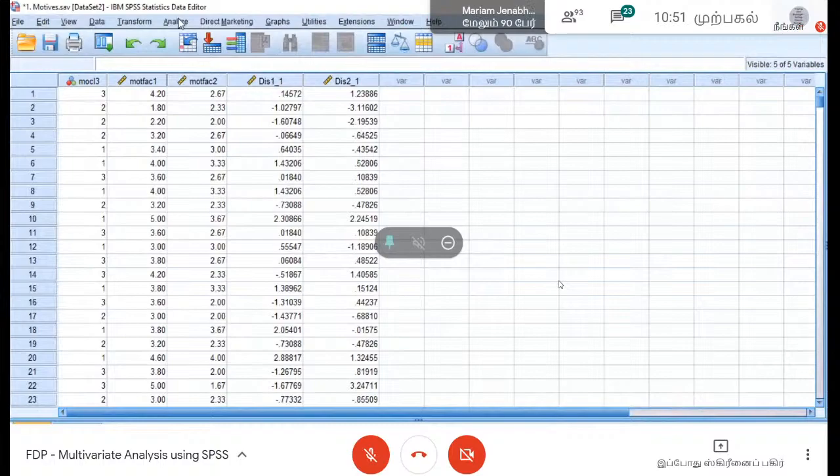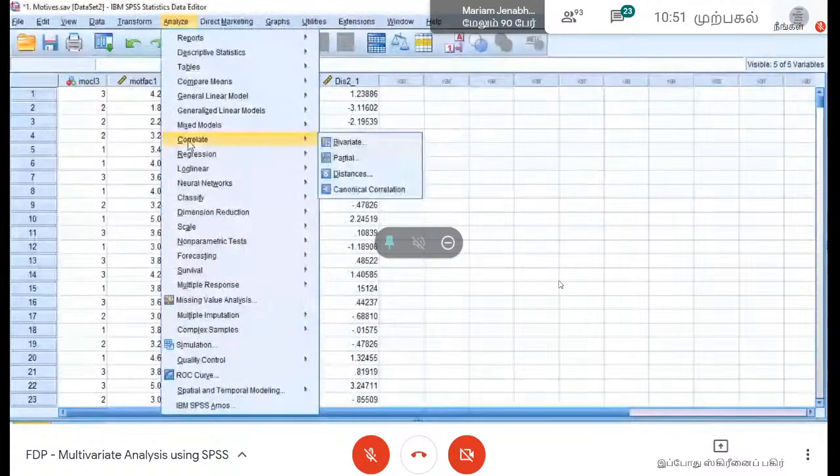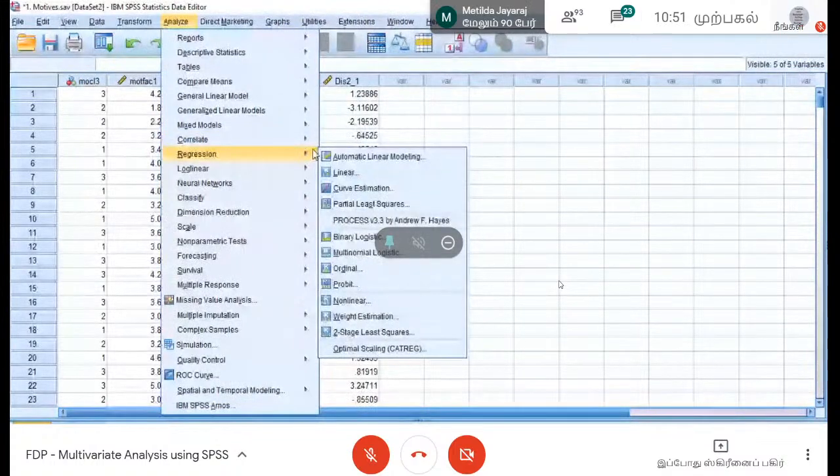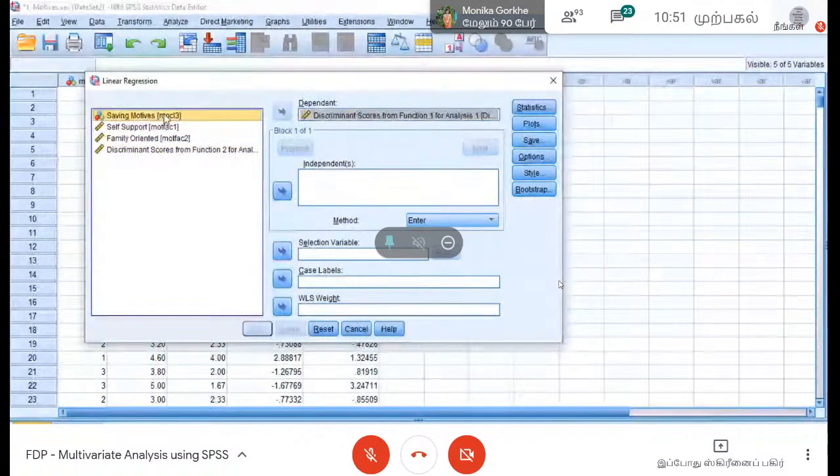So I will run only one: linear regression, taking that function score as y, and these two independent variables.